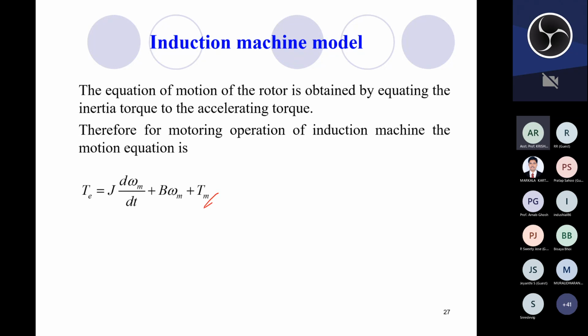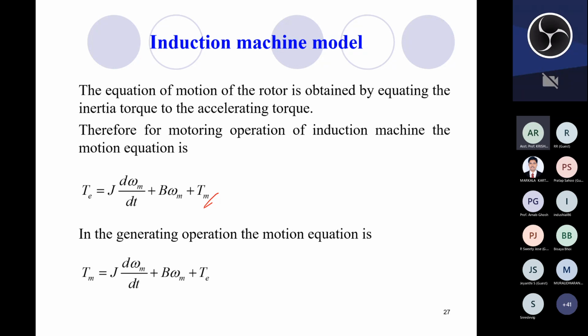Now a similar equation can be written for the generating mode of operation. Here Tm, the mechanical torque, is the accelerating torque, and Te, the electromagnetic torque developed, now becomes an inertial torque. These two terms remain the same, that is the moment of inertia torque and the torque due to viscous friction.